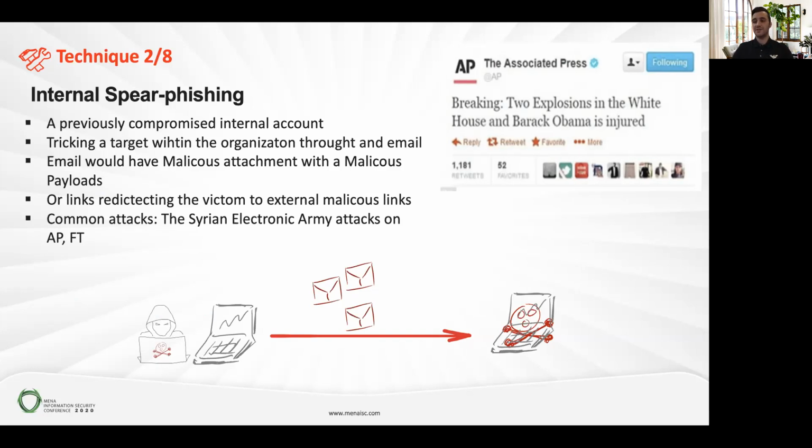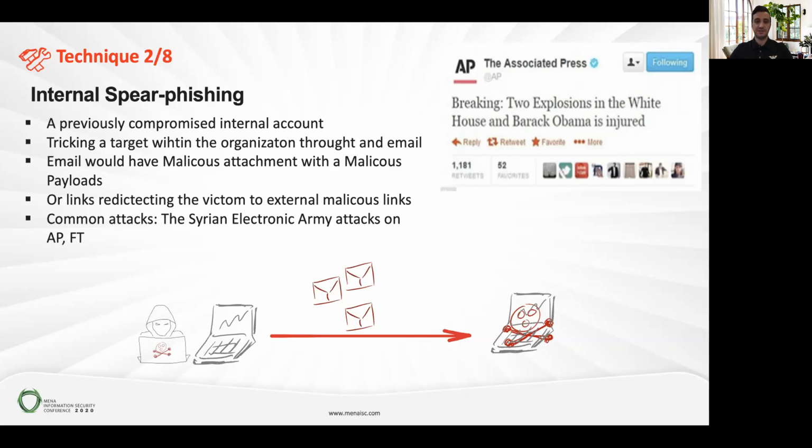So this is definitely to deliver either a payload or to redirect those victims to an external site to capture credentials on those sites that are going to mimic the email login interfaces for the organization and the target.